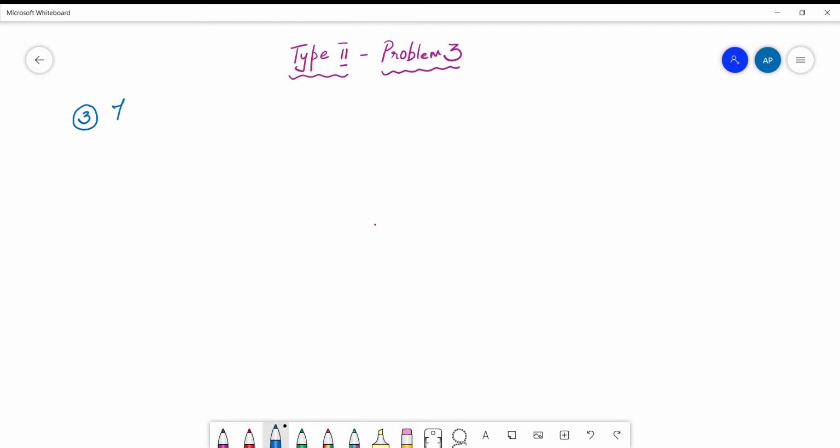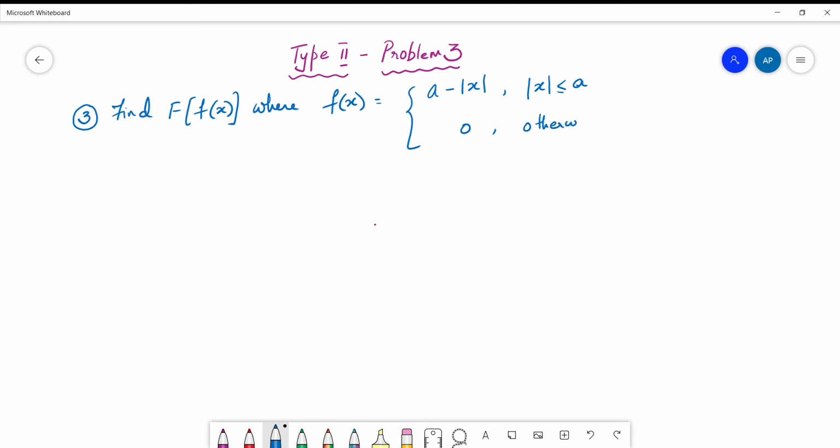The question reads this way: find the Fourier transform of f of x, where f of x is given to be a minus mod x. If you note, in the previous problem we had a square minus x square. Here we have a minus mod x, where mod x is less than or equal to a, and 0 in the other part of the interval.